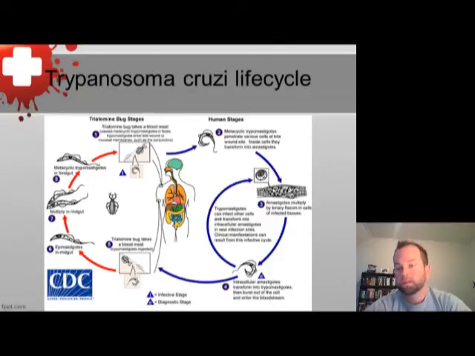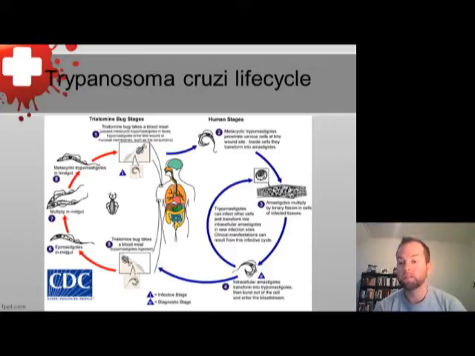Next, we have the other section of the blood and tissue protozoa, and up first we have Trypanosoma cruzi. Infection of Trypanosoma cruzi begins with, not the bite of the reduviid bug, but when a reduviid bug bites a human host, it releases at the same time metacyclic trypanosomes in the feces near the site of the bite.